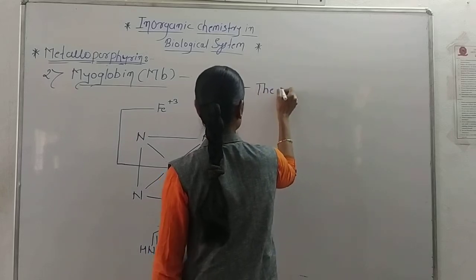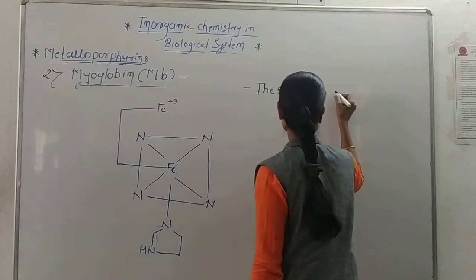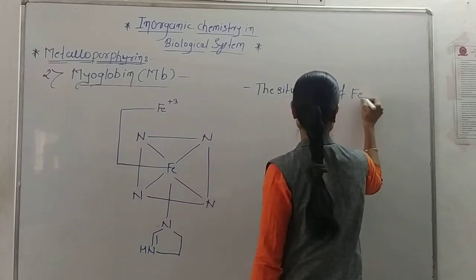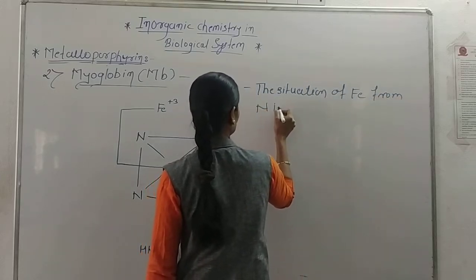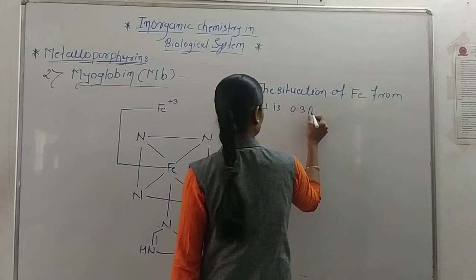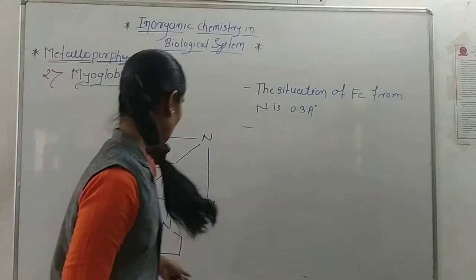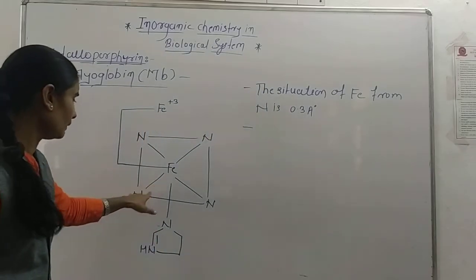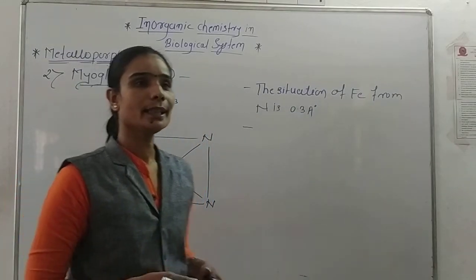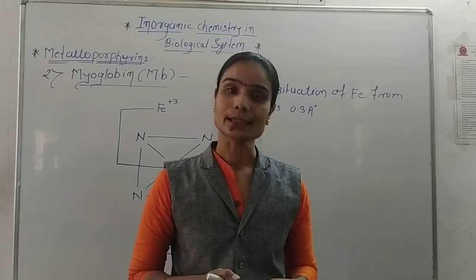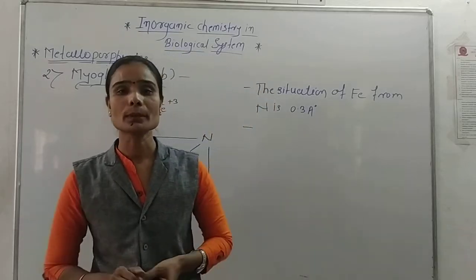The distance of Fe from nitrogen is 0.3 angstrom. Now we already said that hemoglobin is the oxygen transport. It carries oxygen to the various parts of the body.